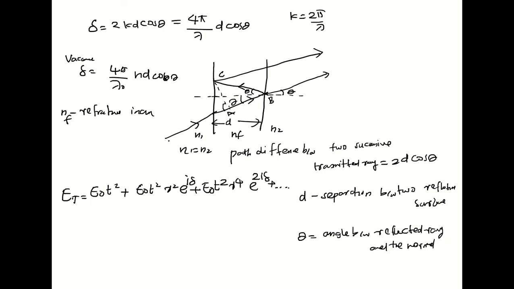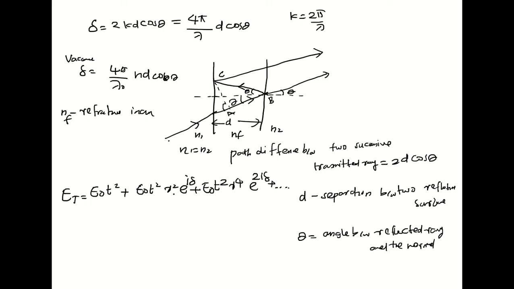So this is the total transmission amplitude, where E0 t square represents the amplitude corresponding to the first ray, E0 t square r square is the amplitude of another transmitted ray, and E0 t square r raised to 4 is another amplitude that we have already seen. We can represent these taking the phase difference into account, where e raised to i delta represents the phase difference.